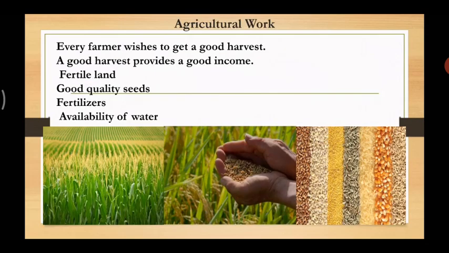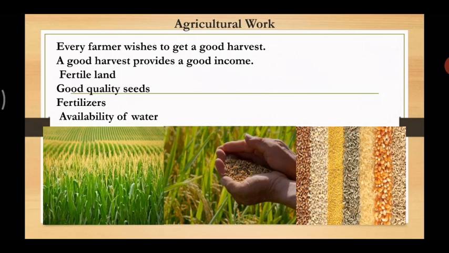Next is agricultural work. Now, do you know how difficult the life of the farmer is? The life of the farmer is very difficult. And what is his wish? Every farmer wishes to get a good harvest. That means to get good crops, because a good harvest means good income. If you get a good harvest, you will get good money for your crops.